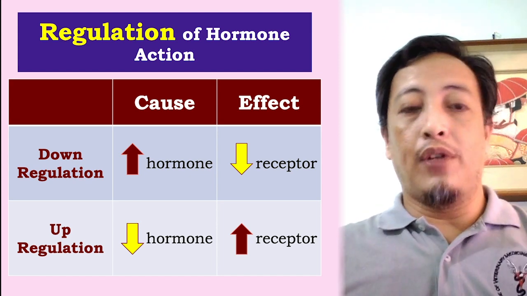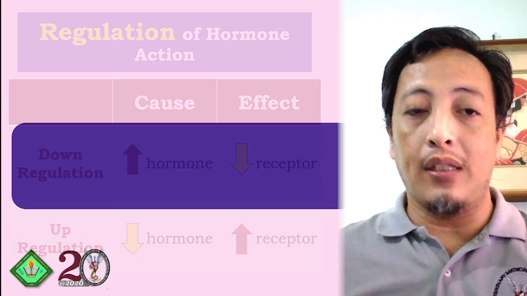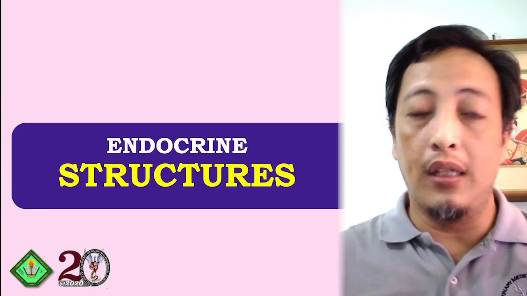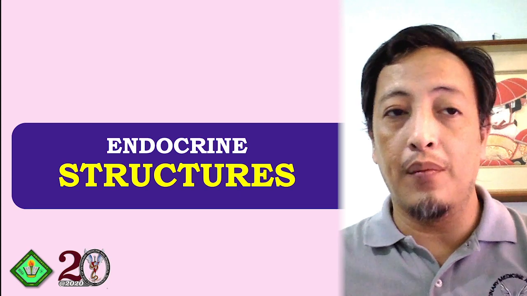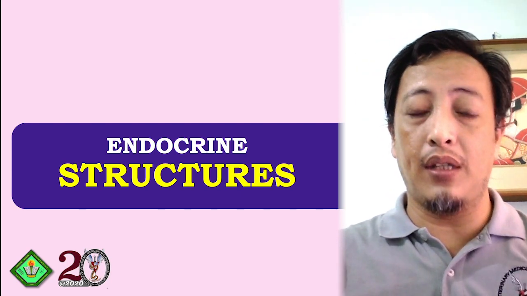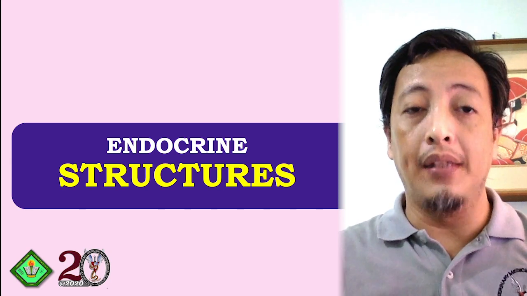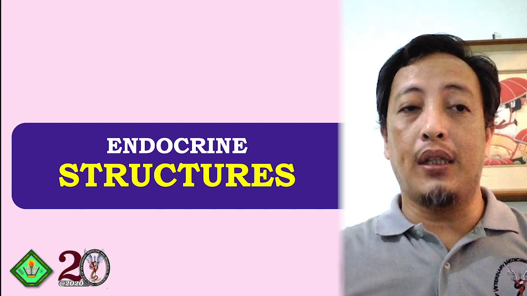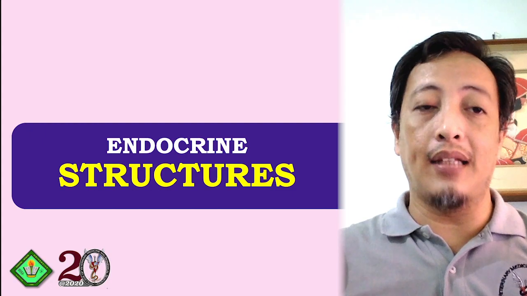So, now, for endocrine structures. As you will notice, we did not use the term gland. Kasi nga, some endocrine structures are not actually glands. But we will start with the 9 classic glands. Okay?